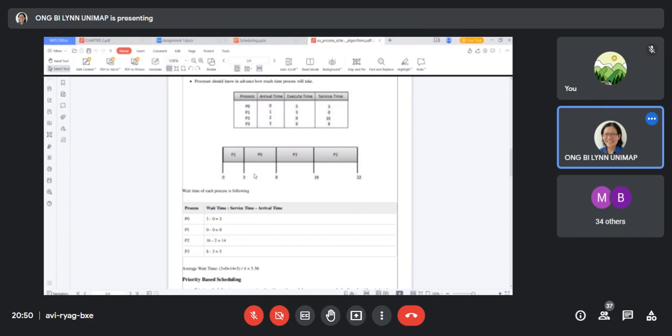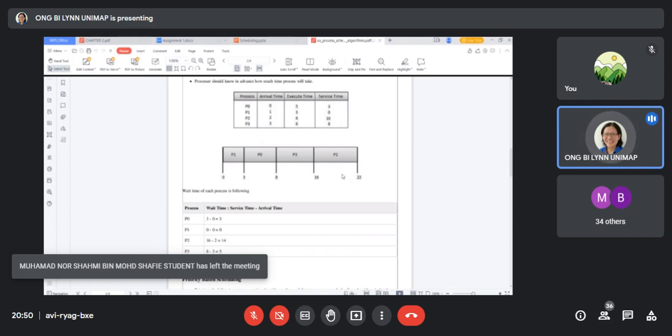Then after P0, it will find the shortest one, which is P1, 3. Then it finds P3, which is 6. And then the last one, P2, which is 8.